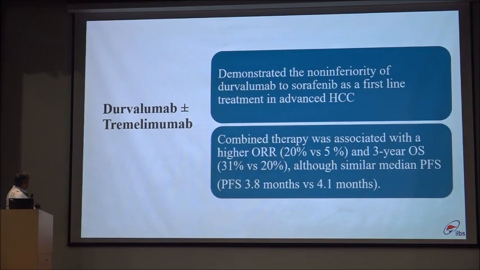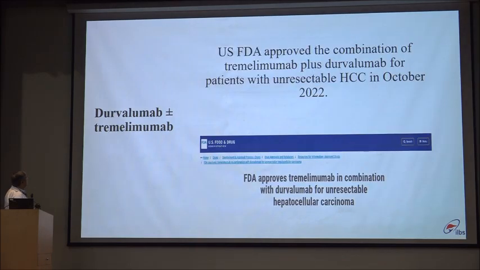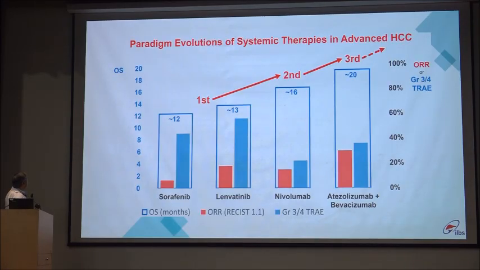Combination therapy was associated with a higher overall response rate, 20% versus 5%, and 3-year overall survival of 31%. Median PFS was similar. Recently, the FDA has approved tremelimumab in combination with durvalumab for unresectable hepatocellular carcinoma. This is a 2022 publication. Next.